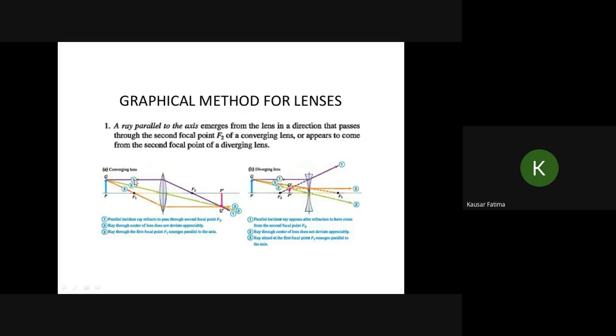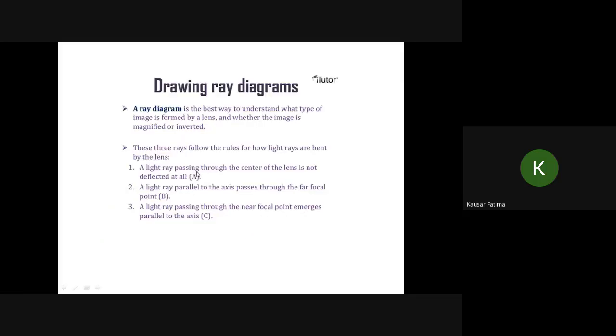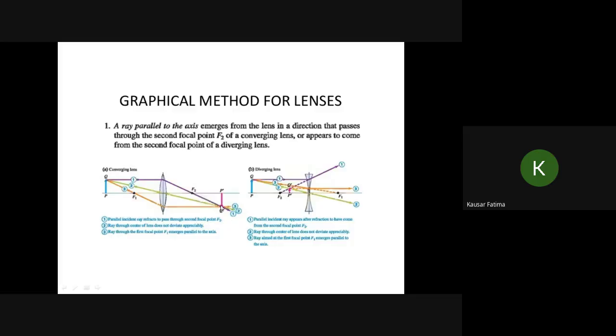The first ray which is coming parallel to the principal axis passes through F on the other side. The ray of light parallel to the principal axis passes through the far focal point, so it is passing through this point.